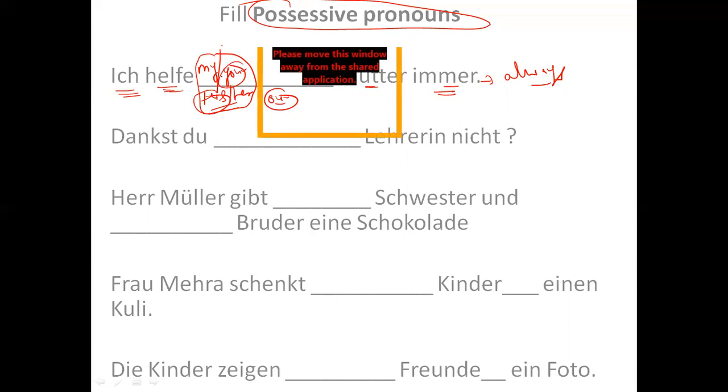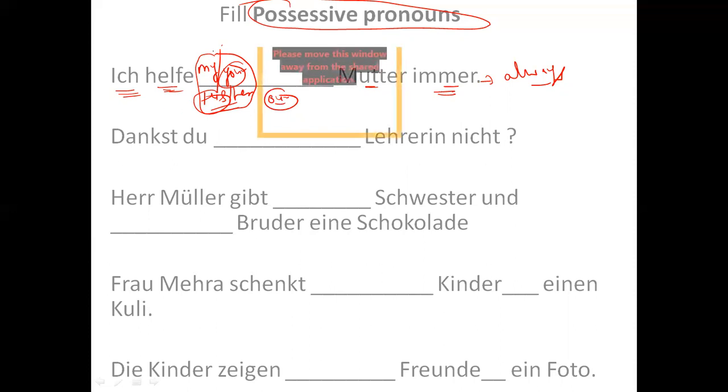Although it is correct, I am not saying it will be wrong if you write your or her. No, no, no. It is not like that. It will be correct. But if you get such a statement in an exam, I would suggest you write my only. Write I help my mother.